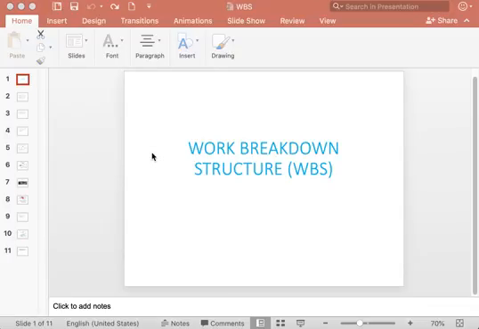So in order to introduce you to those two project scheduling techniques, first you need to understand how the activities that are required to be implemented for the completion of the projects are actually identified.